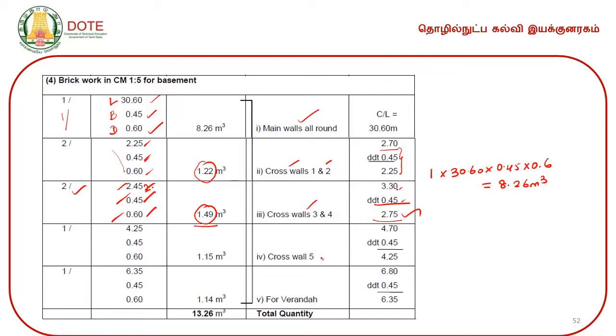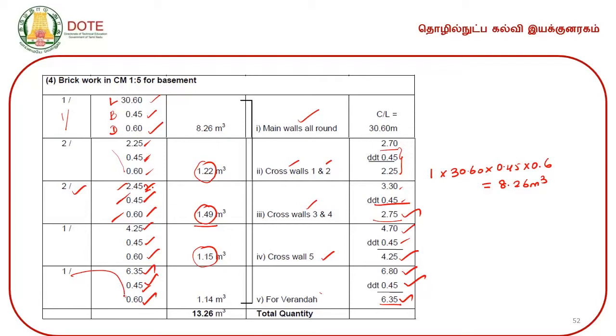Then cross wall 5, the total length 4.7 meter, deduct one breadth, that is 0.45, 4.7 minus 0.45, 4.25. 4.25 into 0.45 into 0.6. The answer is 1.15. The same way the veranda 6.80, we are deducting one breadth, that is 0.45 basement, then 6.35 into 0.45 into 0.6.